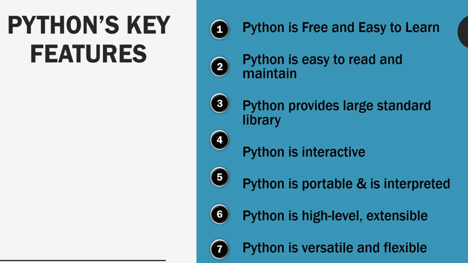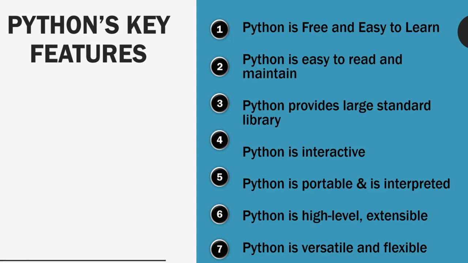Python is interactive, and if you're a person that likes puzzles and challenges, Python will be fun for you. Python is portable, interpreted, very high level, and extensible. That means that Python can be used for so many different applications, and also that you can gain much more skill and reach a higher level as you keep learning.